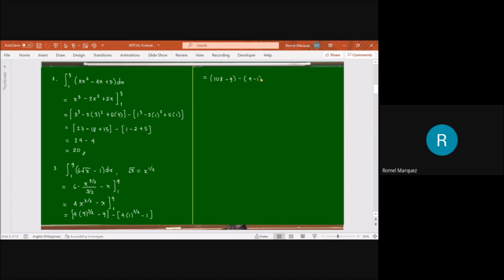Am I correct, guys? Square root of 9, that is 3 raised to 3, and then we multiply it by 4. So that is 108. Then minus 9, no? So simplifying further, we get 108 minus 9, that is 99, minus 3. So getting 96. Am I correct, children?